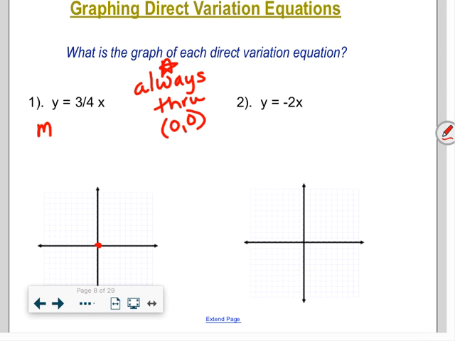Then you're going to use slope to find a second point. So I'm going to go up 3, right 4, and then draw my line through it. See how easy that is?